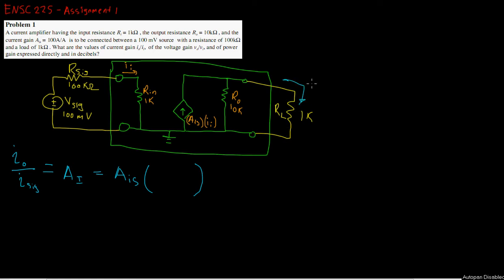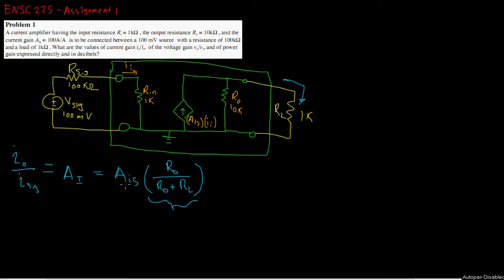So that's going to be this current here that we're going to determine with a current divider equation. So we want to find the R_L current. That's going to be the current divider equation: the branch you don't care about over all of the branches.